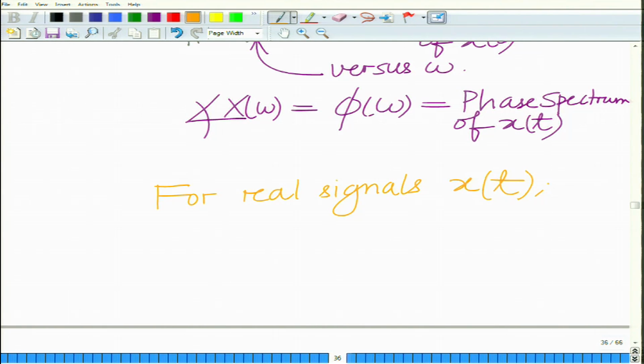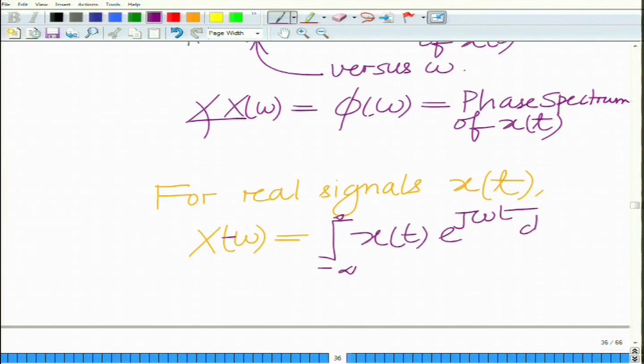Now, for real signals x of t, if you look at X of minus omega, that is the integral from minus infinity to infinity of x of t e raised to j omega t dt, because you are considering X of minus omega.